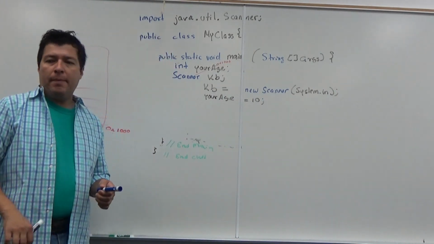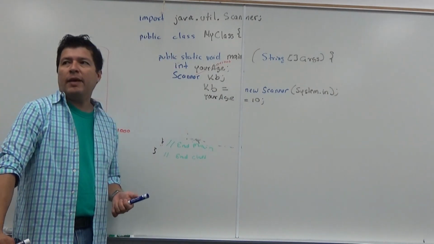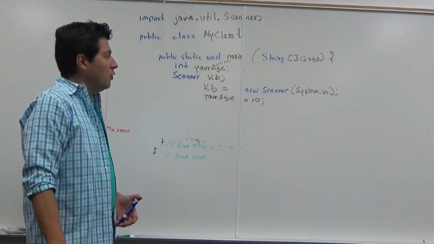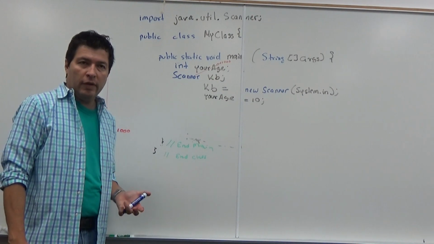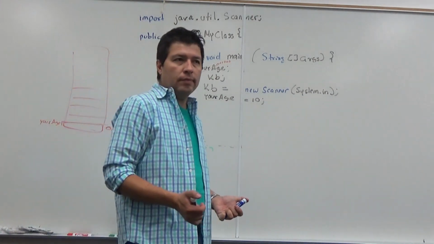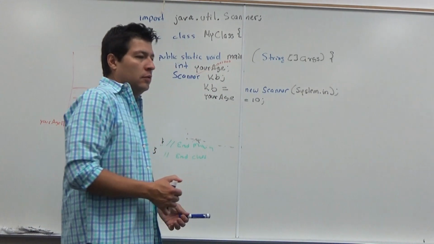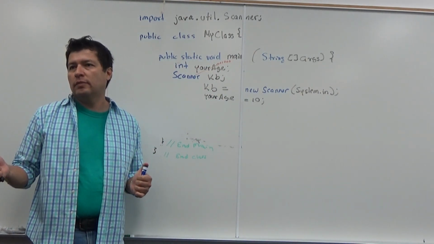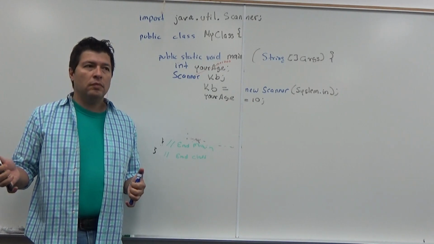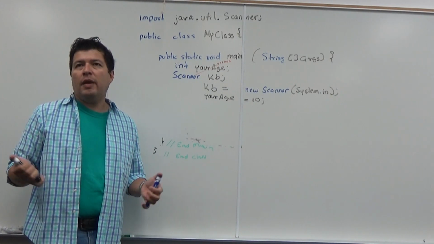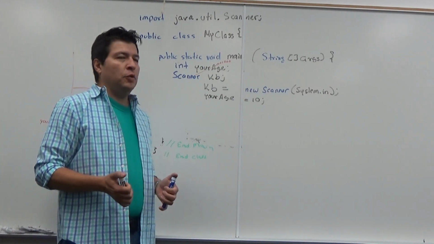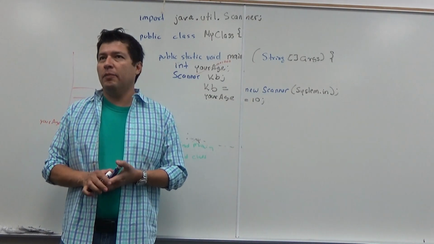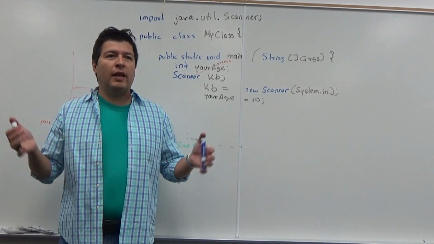But what if I ask your name? Everybody's name length is different, right? So string is what we use for text. And the string, do you think is a primitive or is an object? How many characters, or how many bits, do you need to represent the Poland's president's name?